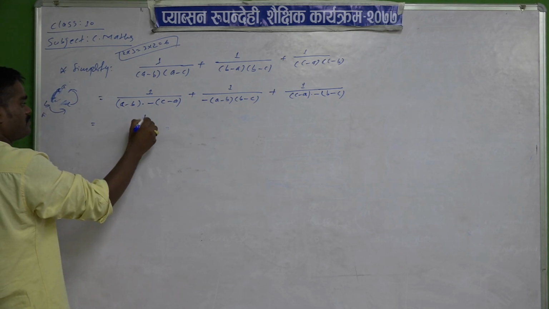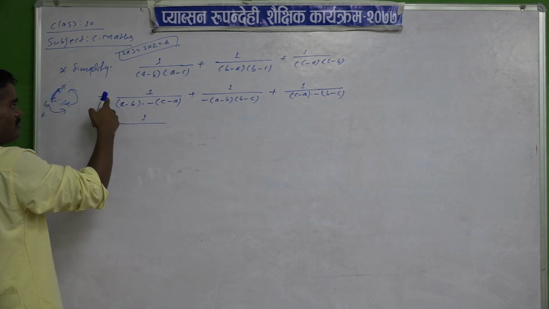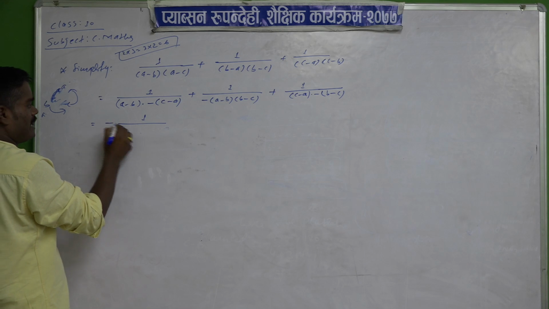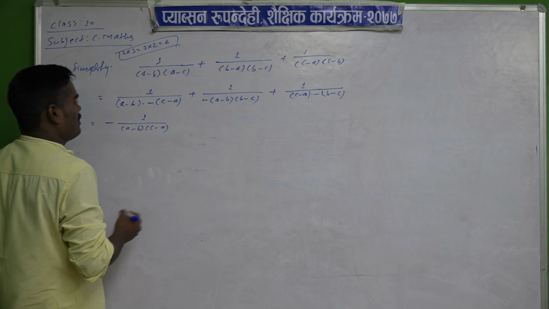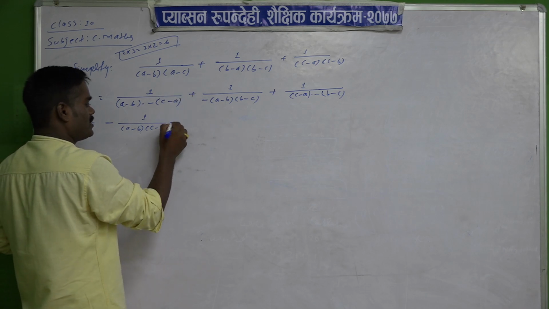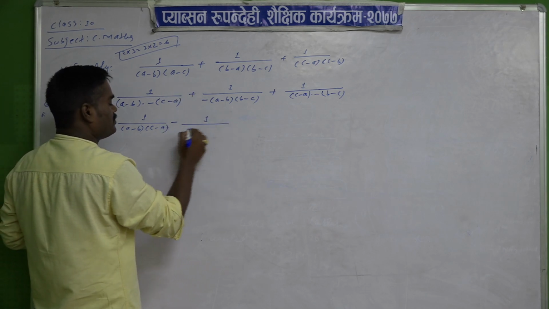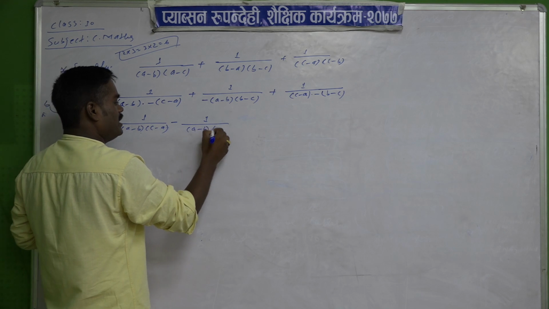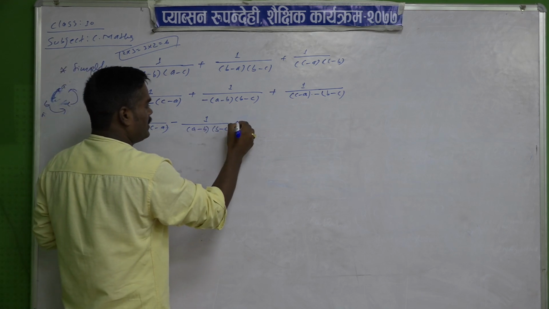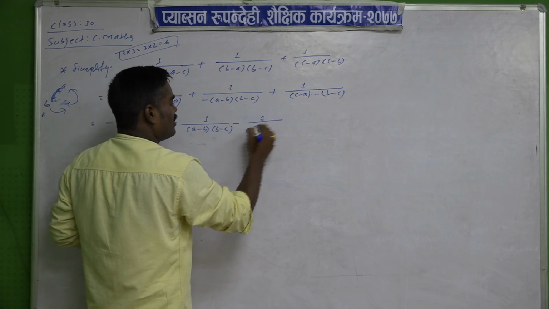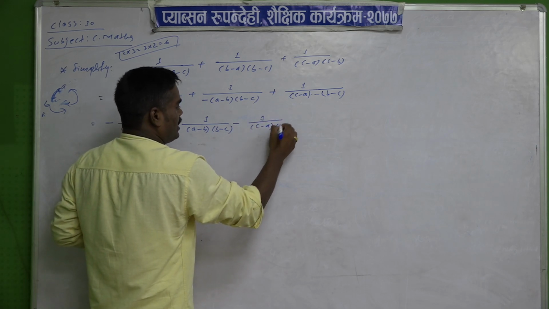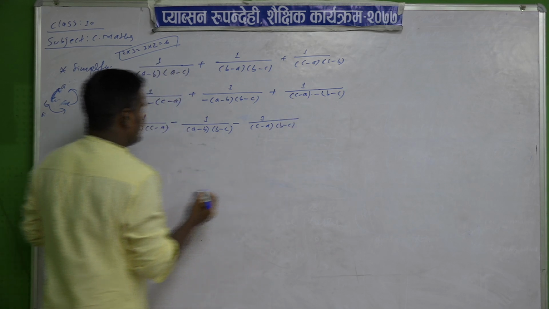Then after, see here, minus into plus, minus (a minus b)(c minus a); minus into plus, minus (a minus b)(b minus c); minus into plus, minus (c minus a)(b minus c).